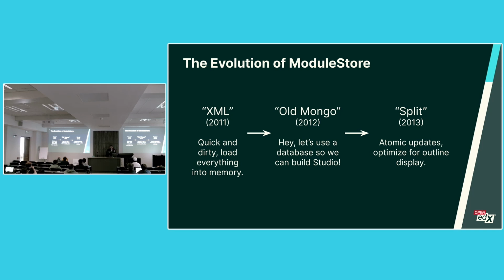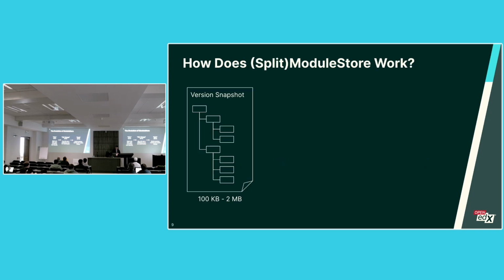So Split Mongo tried to address these problems. And along the way, also tried to optimize the data store for displaying the outline. So how does split module store work? Basically you have these big documents that represent a snapshot of the version.